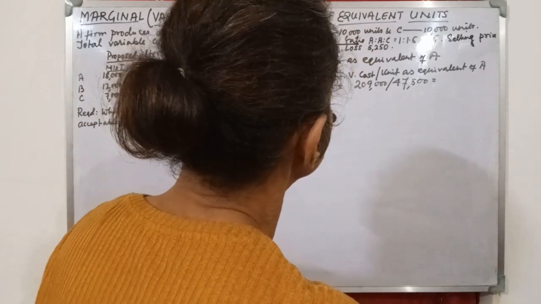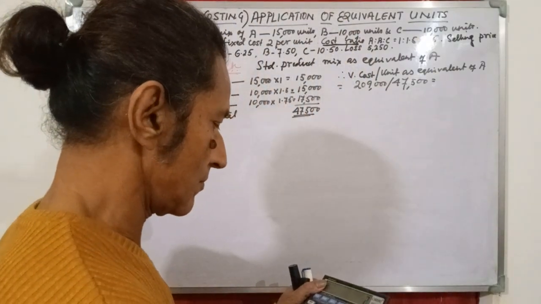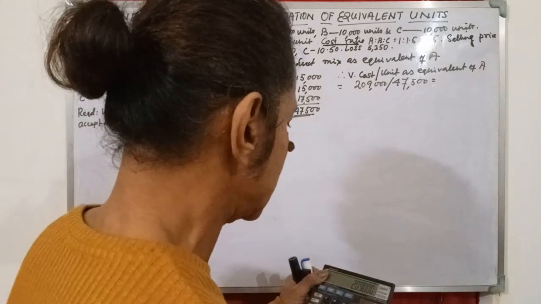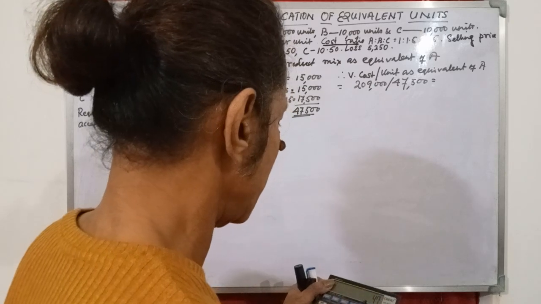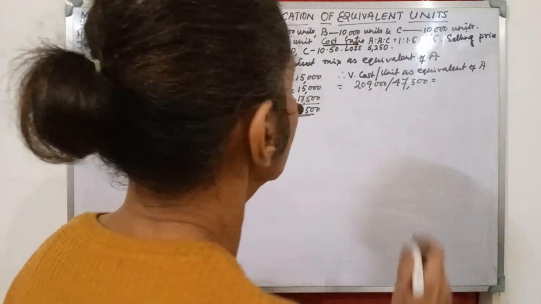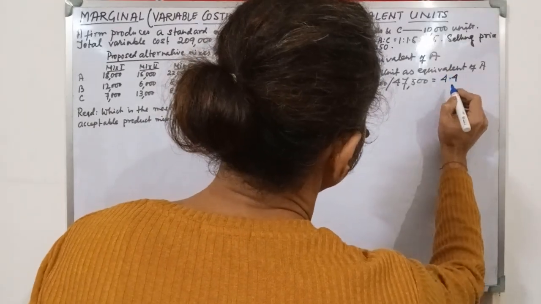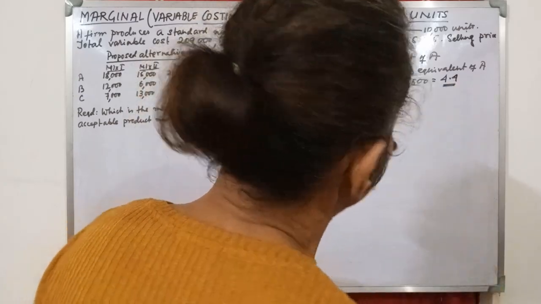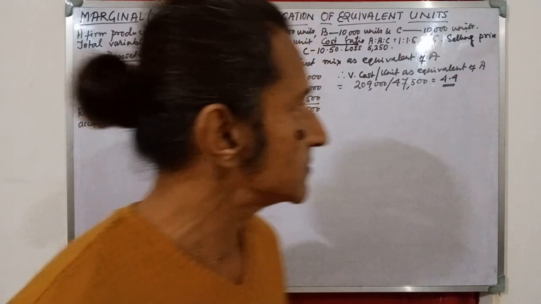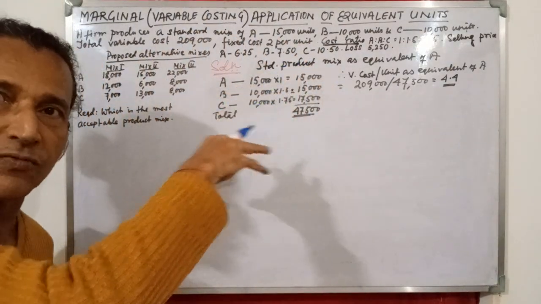That gives us, let's see what it comes to. So we get 4.4. So 4.4 is a variable cost per unit of product A, because we have converted the total production as equivalent of A.